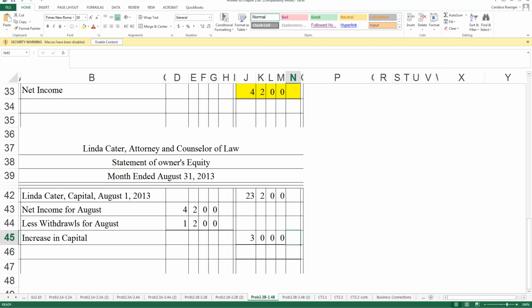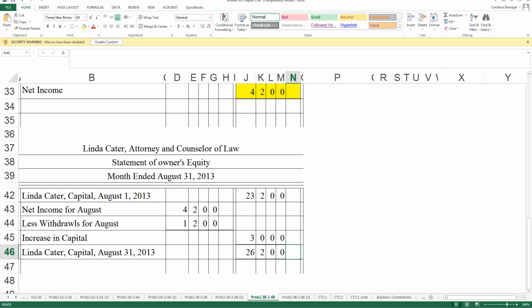We took out $1,200, so we were left with $3,000, and that leaves us with ending capital of $26,200. We take and we add the beginning capital to the amount that it increased during the month, and that leaves us with our ending capital account.